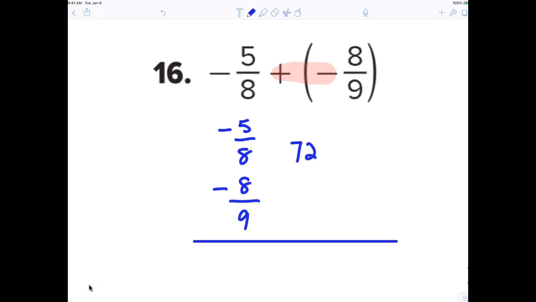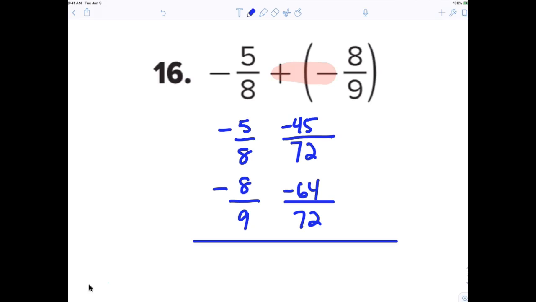So the first fraction is going to be, that is correct. And then, good. Don't forget the what, though? Yes. So now am I adding or subtracting? Adding them.